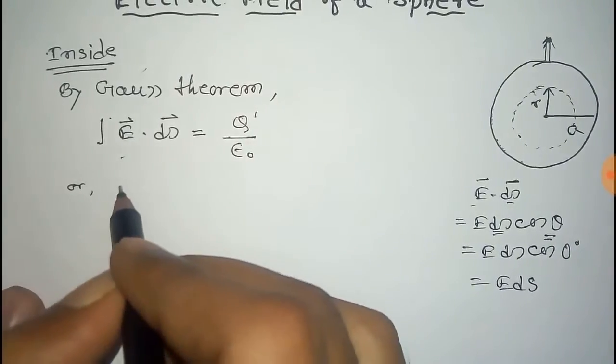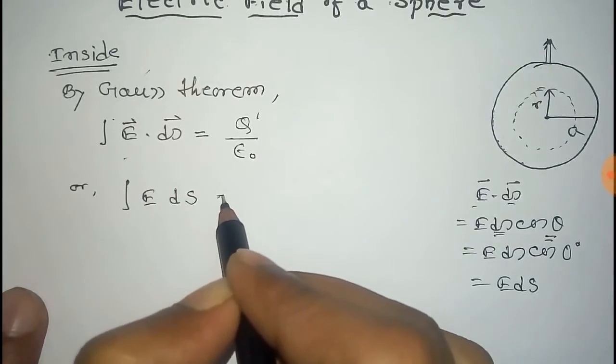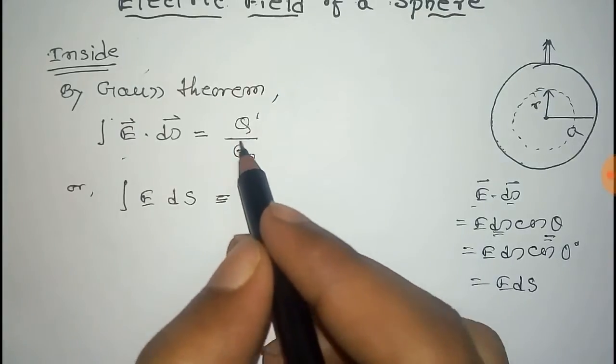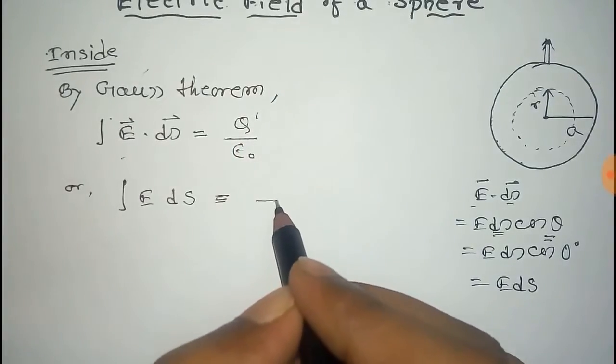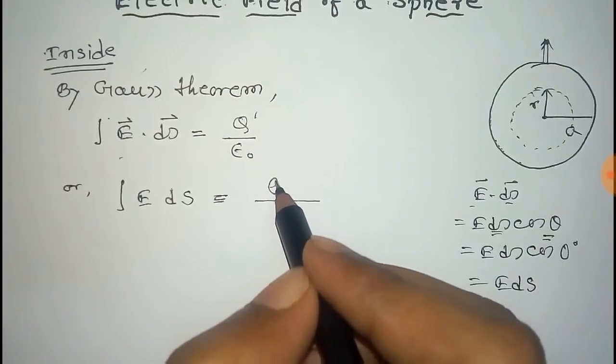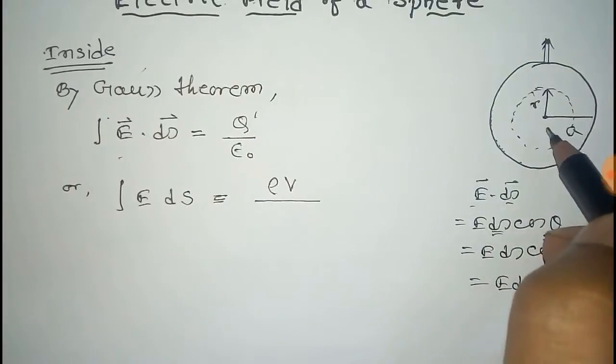Now we put the value: the integral of E ds is equal to Q prime by epsilon naught. Q prime can be written as the charge density into volume, because it's a solid sphere, so charge density into the volume enclosed by the Gaussian surface.